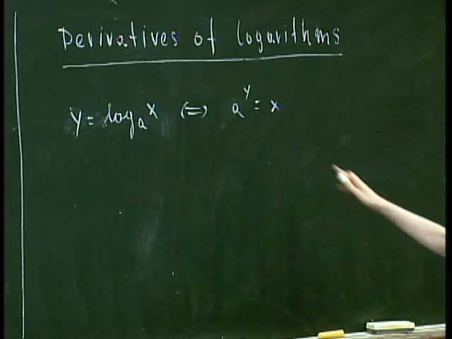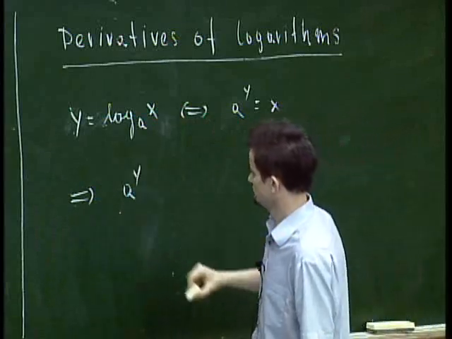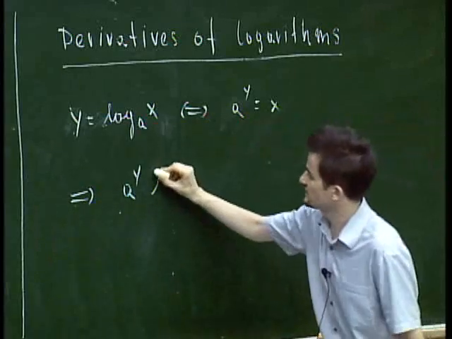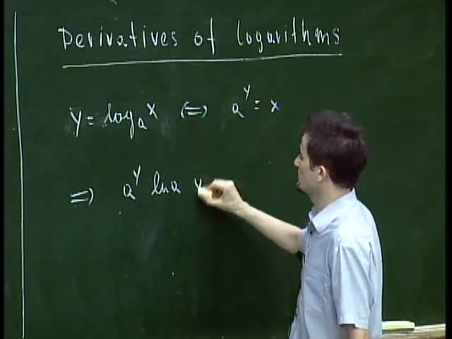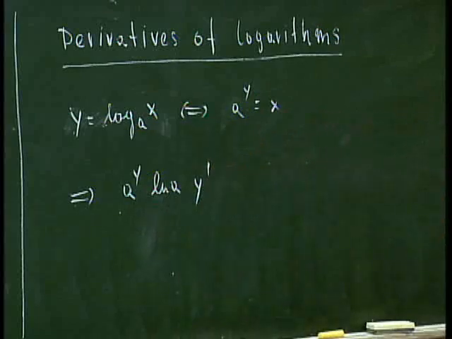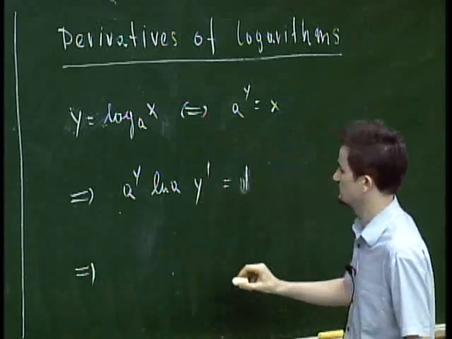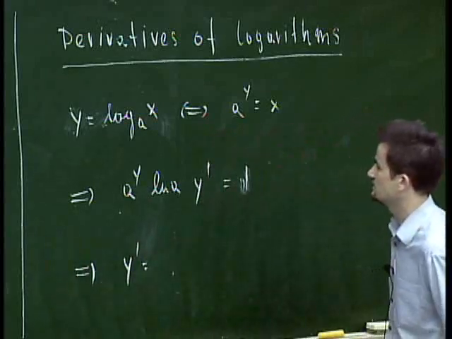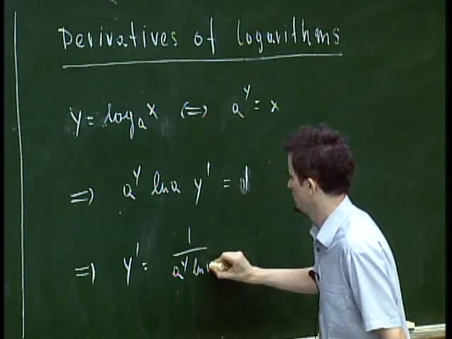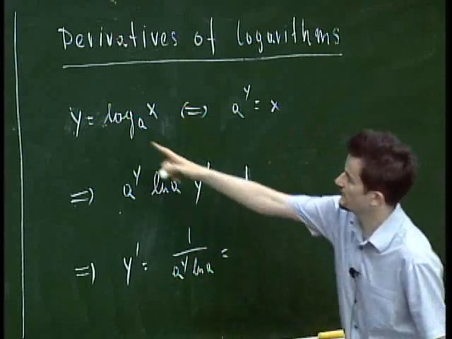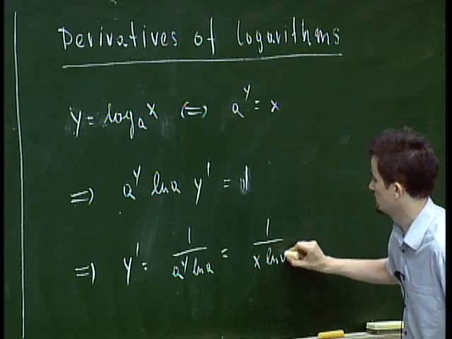So you can apply the method of implicit differentiation here, and the derivative of the left-hand side is, as we already know, a to the y ln a, times the inner derivative y prime, is equal to 1. So y prime is equal to 1 over a to the y ln a. If we plug in the original function, we get 1 over x ln a.